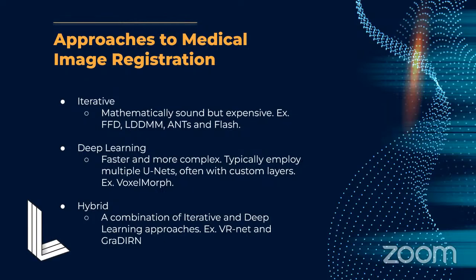But these models are quite complex and have more parameters, and an additional overhead of more multiply-and-add operations, which can negatively impact training and inference efficiency. The hybrid model is the least common of the three, and as the name says, it combines iterative approaches with deep learning.